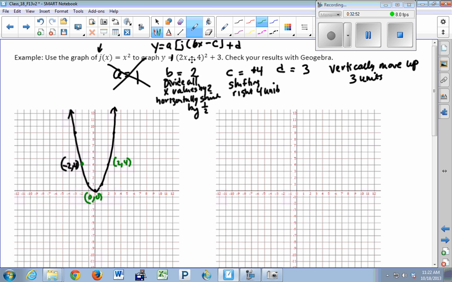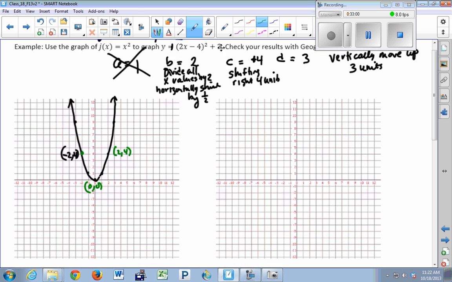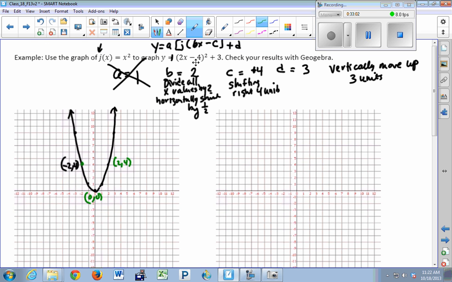If you wanted to, you could factor that by pulling a common factor of 2 out. There's no factoring inside. So when it's in this form, the first thing you do is your horizontal shift. So what are we going to do? We're going to take this entire parabola and shift it to the right 4 units.